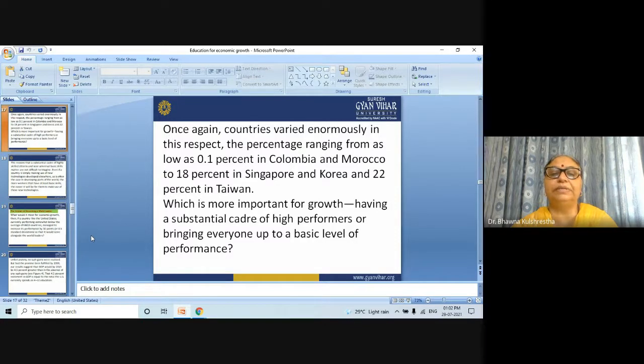It seems the answer is not one or the other but both.